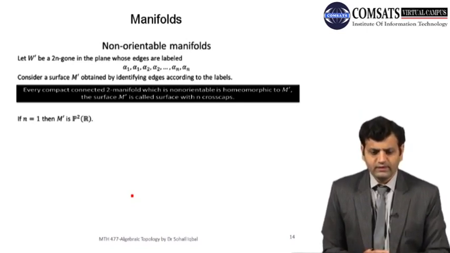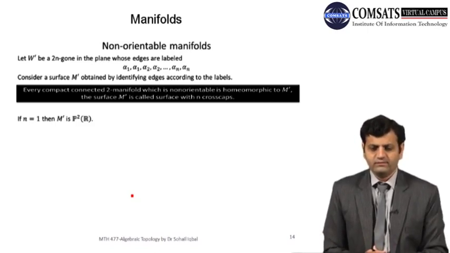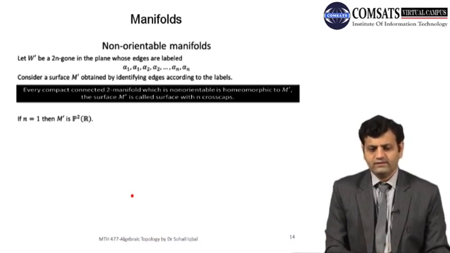So consider W prime, which is a 2n-gon, and the sides are labeled as alpha 1, alpha 1, alpha 2, alpha 2, up to alpha n, alpha n. And consider the surface M prime, which is obtained by identifying the edges according to the labels: identifying the two edges labeled alpha 1, the two edges labeled alpha 2, and so on, up to alpha n.